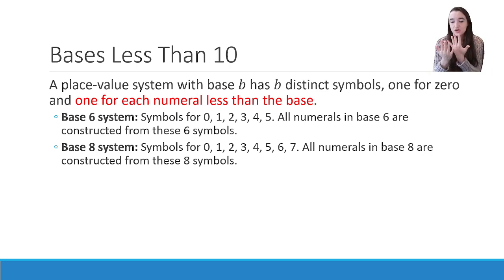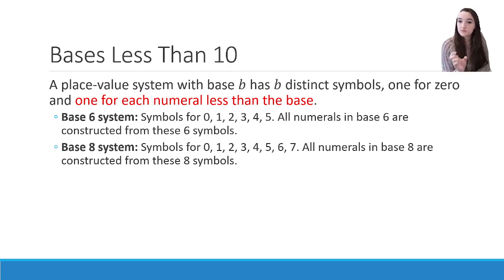That's 10 symbols. Notice that I didn't say 10 as one of the symbols because 10 is not one of the symbols. 10 is a combination of 0 and 1. So in the base 6 system, we have symbols for 0 through 5, and all numbers within base 6 are constructed with only symbols 0 through 5.